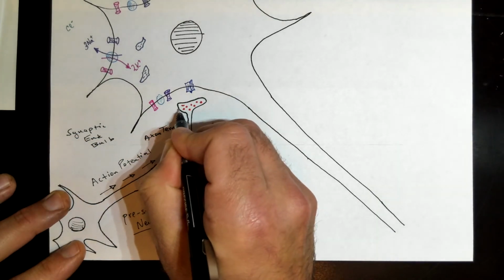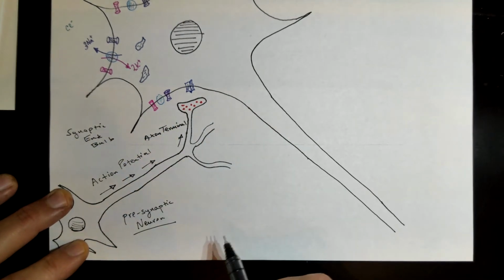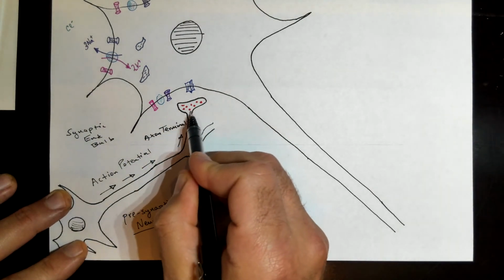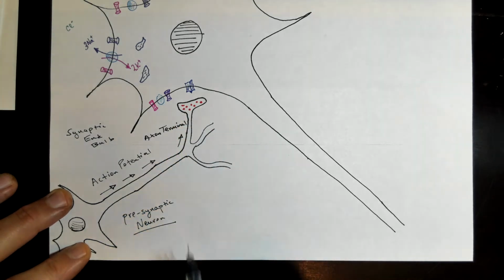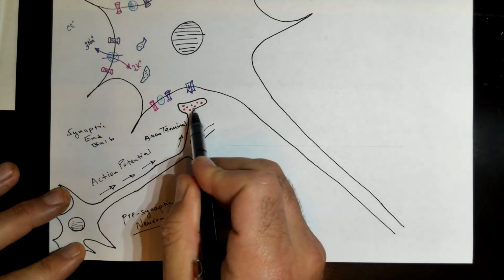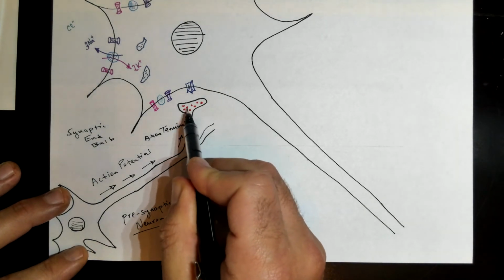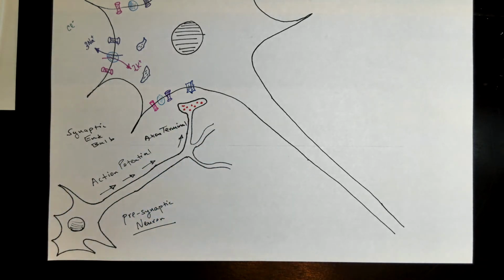This part right here is the synaptic end bulb. I wrote it over here just in order not to clutter the picture. But that's what this swelling is here. And then these red dots are the neurotransmitter, which you are already familiar with if you did the muscle chapter, right? This neurotransmitter here, you learned it as acetylcholine.